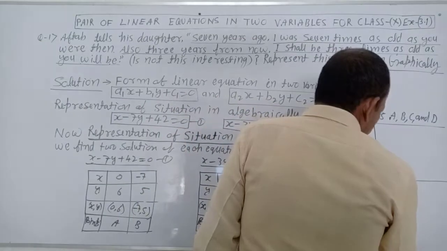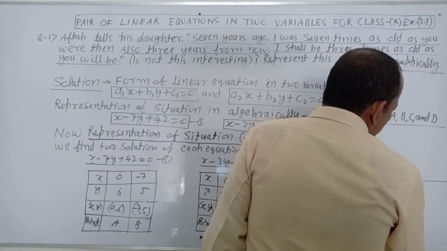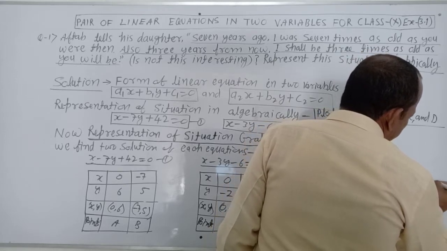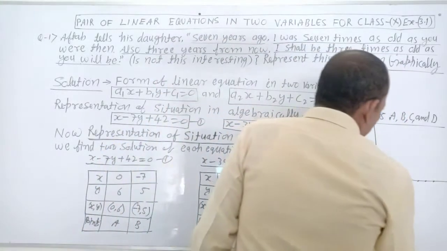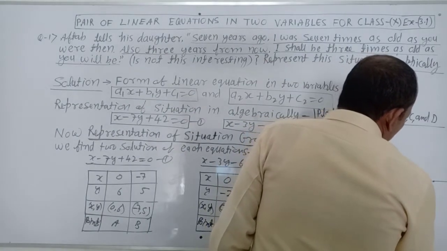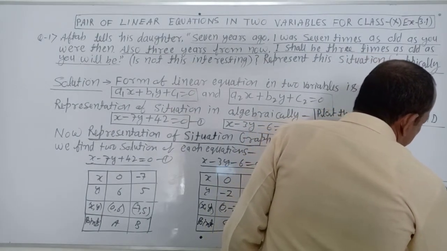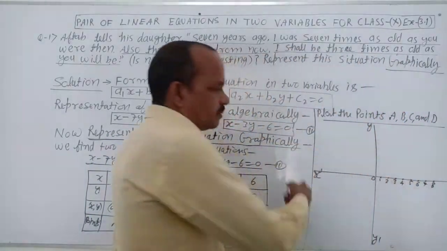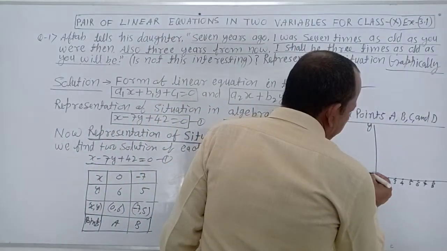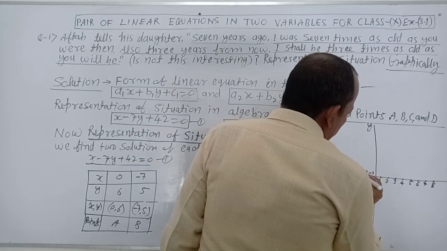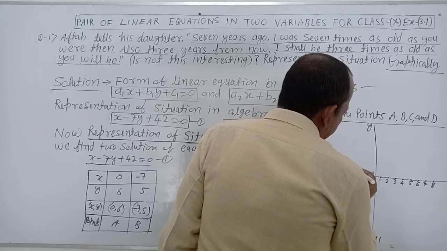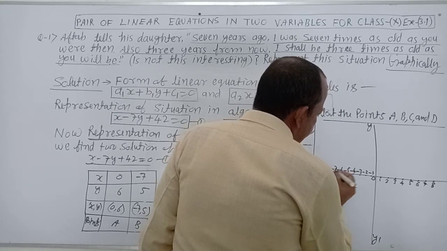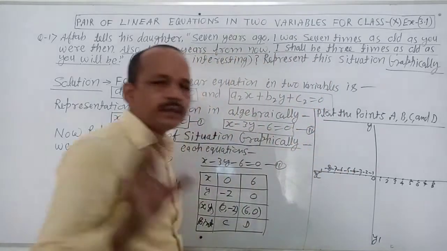Clear? Here points 1, 2, 3, 4, 5, 6, 7 and 8. You can write 1, 2, 3, 4, 5, 6, 7 and 8. Here you write -1, -2, -3, -4, -5, -6, -7, -8.